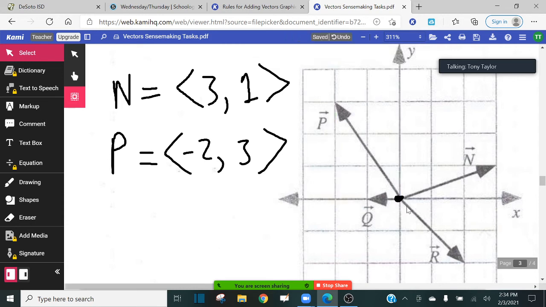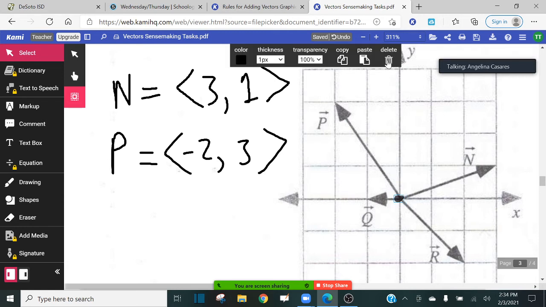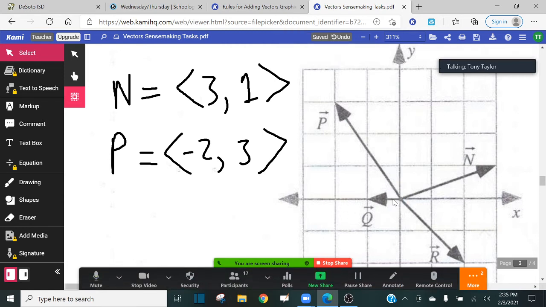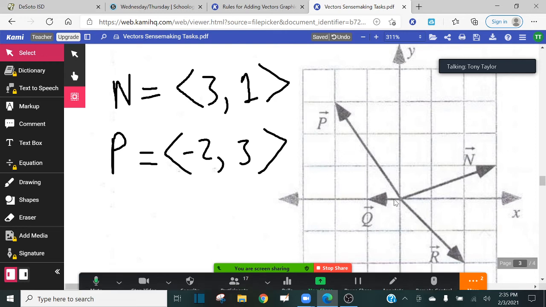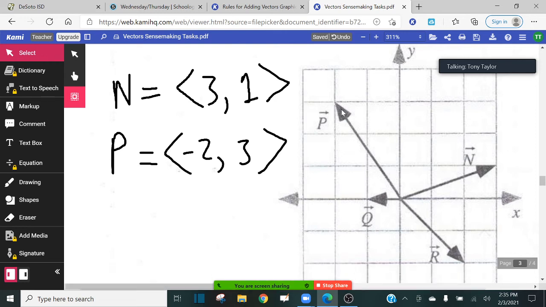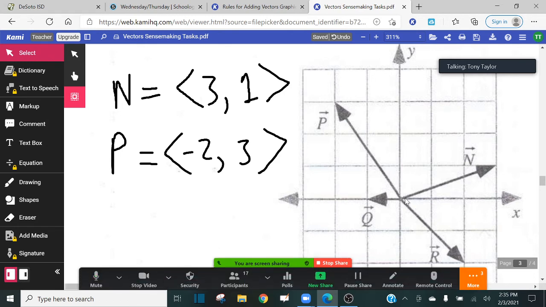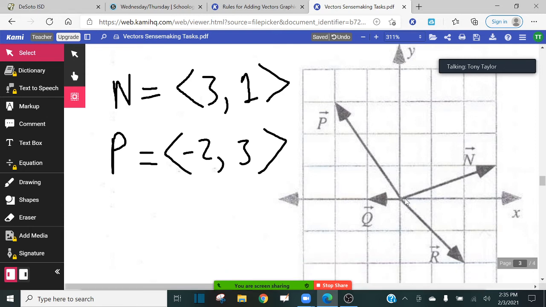Yes, so Irina, in order to get from this point to this point, notice we had to move 2 units to the left, right? So if you move either left or down, it's negative. If you move either to the right or up, it's positive. Does that make sense? Yes.